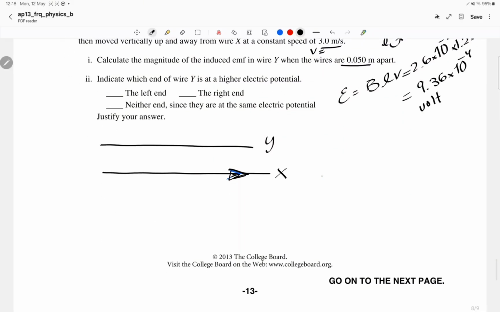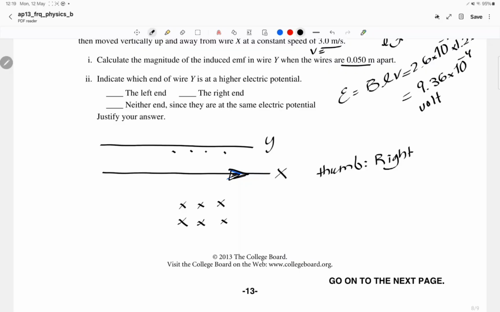So right now I want you to use your right hand rule, and point your thumb to the right. As you do that, your fingers will be curled to be going into the page below wire X, but going out of the page above wire X.